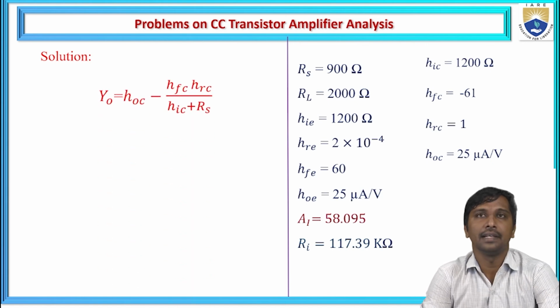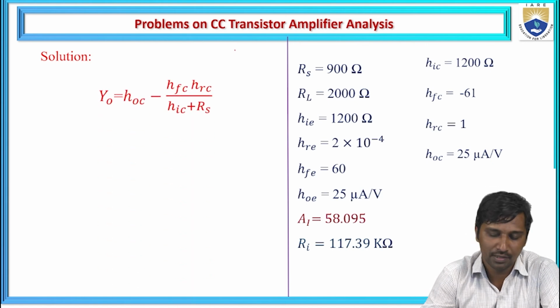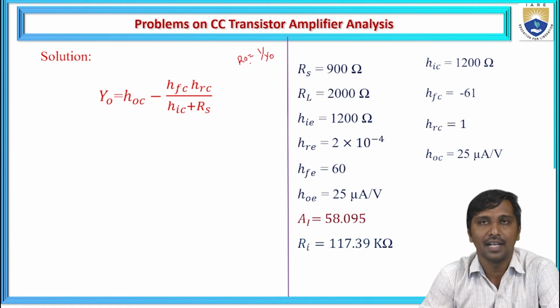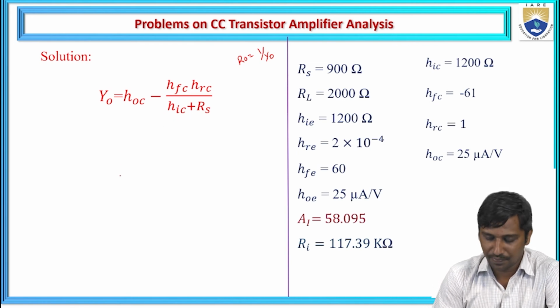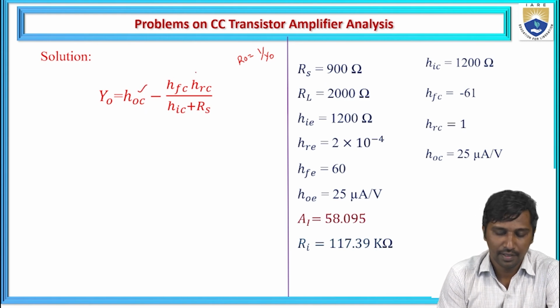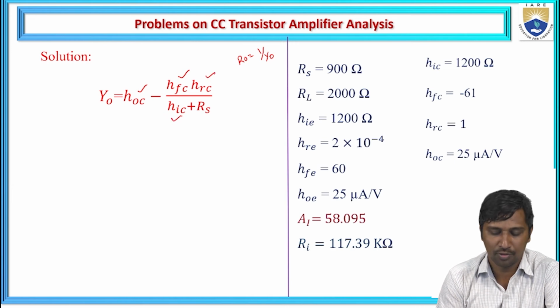Now we need to calculate the total output impedance. We know that the output impedance is the reciprocal of admittance. Hence, first we need to determine the admittance. Yo is equal to HOC minus HFC into HRC by HIC plus RS. First we need to identify whether these parameters are known. HOC, HFC, HRC, and HIC are known parameters.